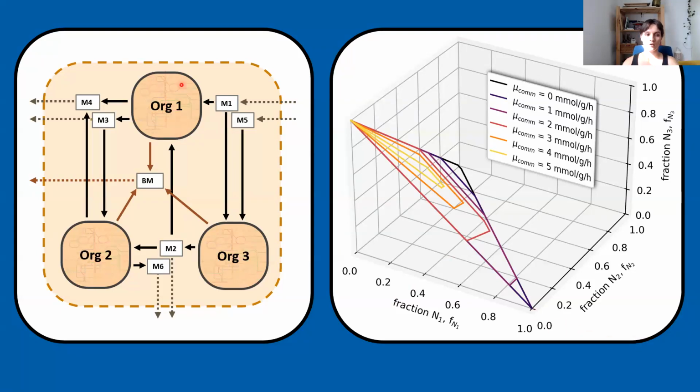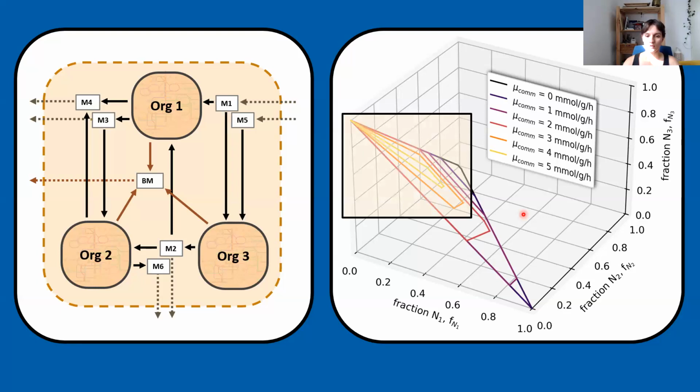If it is at 1, organism 1 would have an abundance of 100%. And you can see here that the larger the community biomass production gets, the smaller the feasible composition space becomes. And this is because the organisms have to start working together, and it gets much harder to create feasible compositions where such a high biomass production would work.